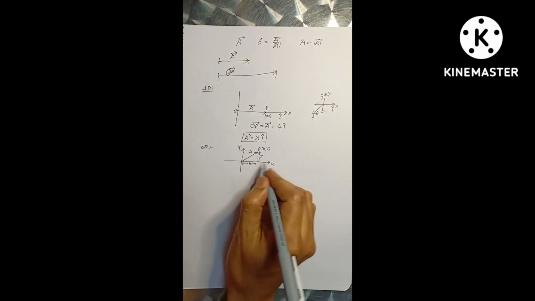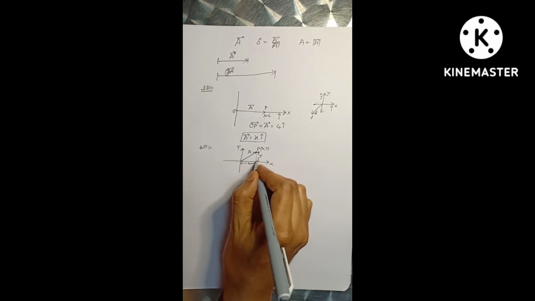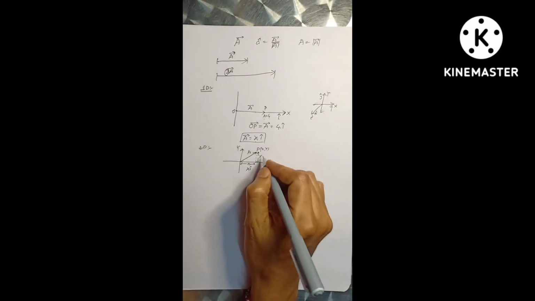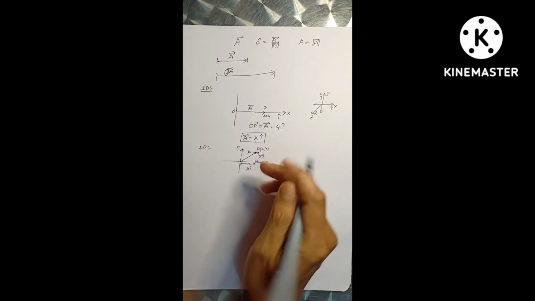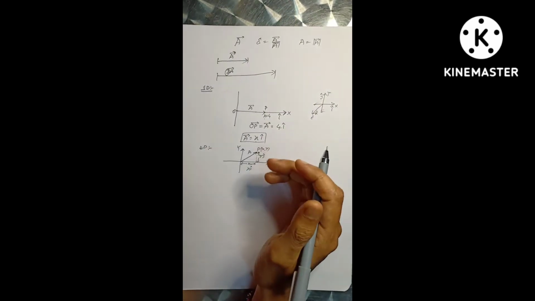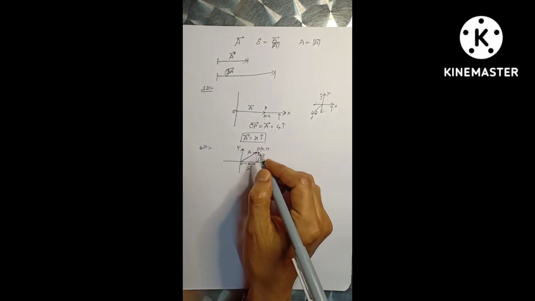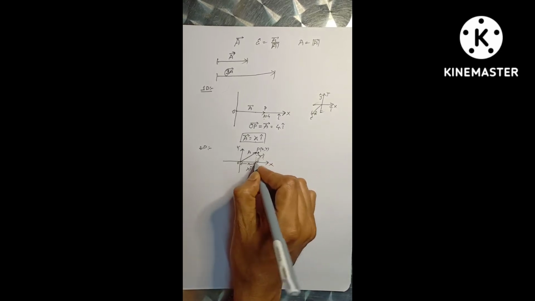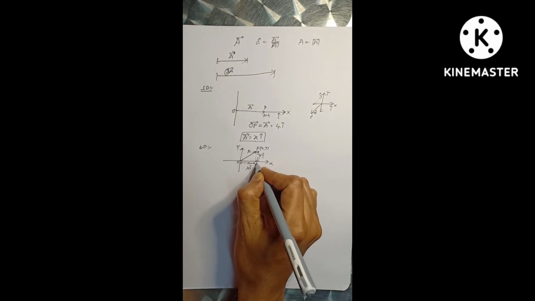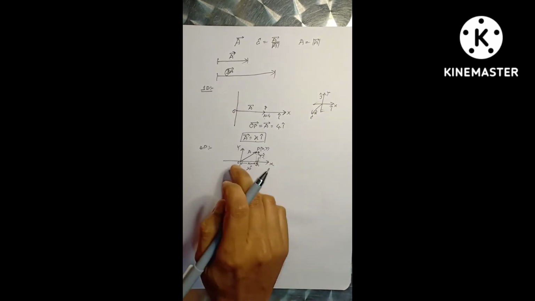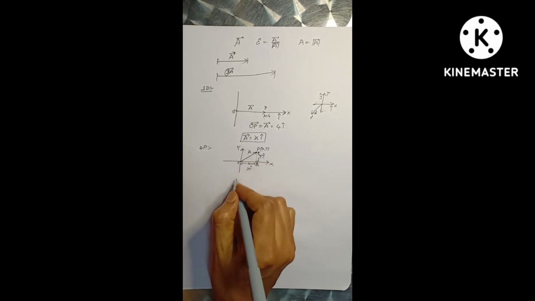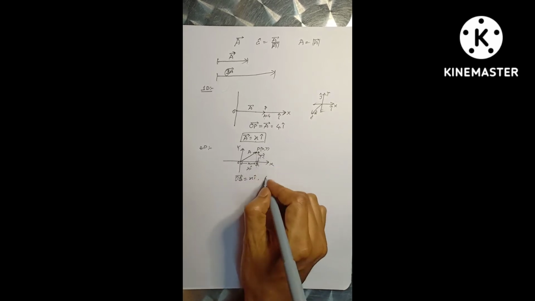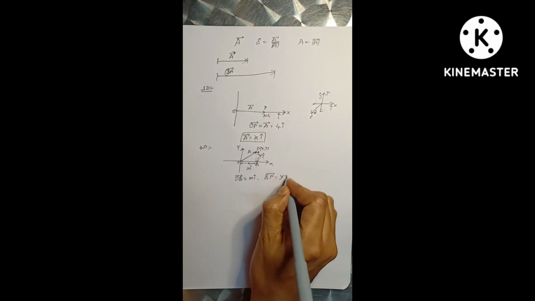So along the x-axis we can represent the vector x i cap, and along the y-axis the vector y j cap, along the j cap direction. So a vector can be represented by magnitude into direction. Let this point be Q. Then 0 to Q is the vector x i cap, and Q to P is the vector y j cap.